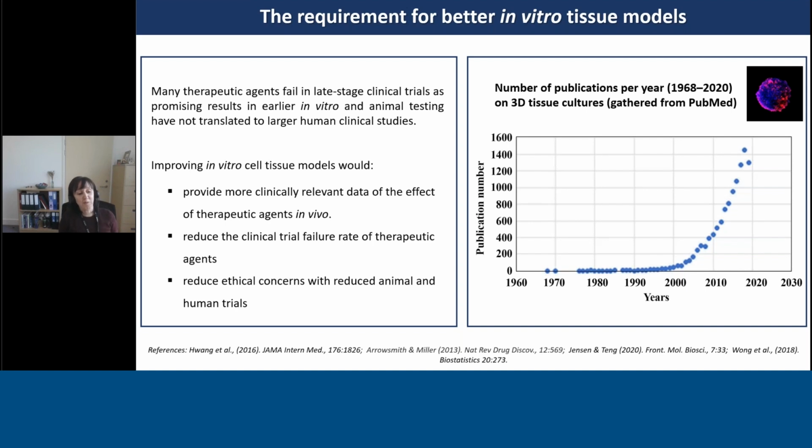The requirement for better in vitro models can be seen in journal publications, where over the last 20 years there has been a dramatic rise in the number of publications that use 3D tissue model cultures. 3D tissue models have been used in a variety of applications, from cancer research to stem cell research, and also in drug discovery.